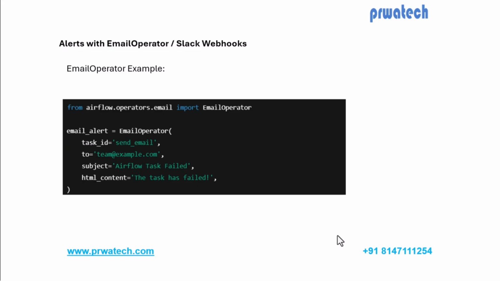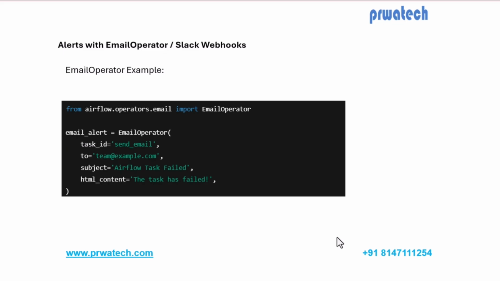If in case something breaks, email operator is used to send notification on task failure as well as retries or completion of task. You can also attach alerts downstream from critical tasks and trigger them only on failure.